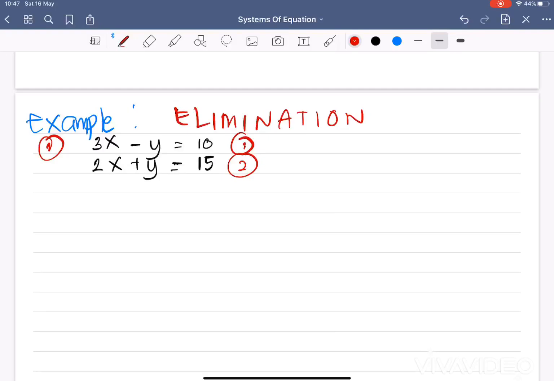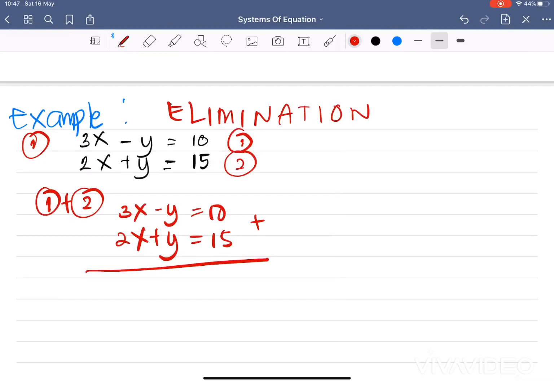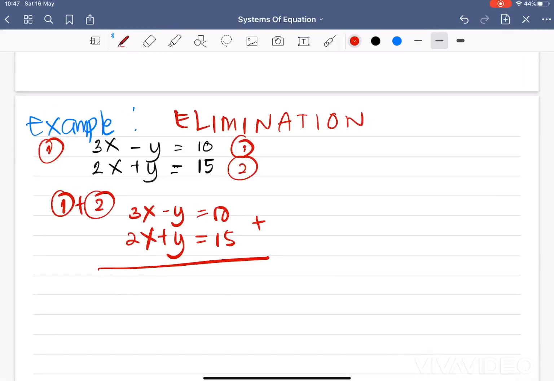We add equation 1 plus equation 2: 3x minus y equals 10 and 2x plus y equals 15. Adding the x terms, 3 and 2 make 5x. The y terms become 0, and we add the constants to get 25.